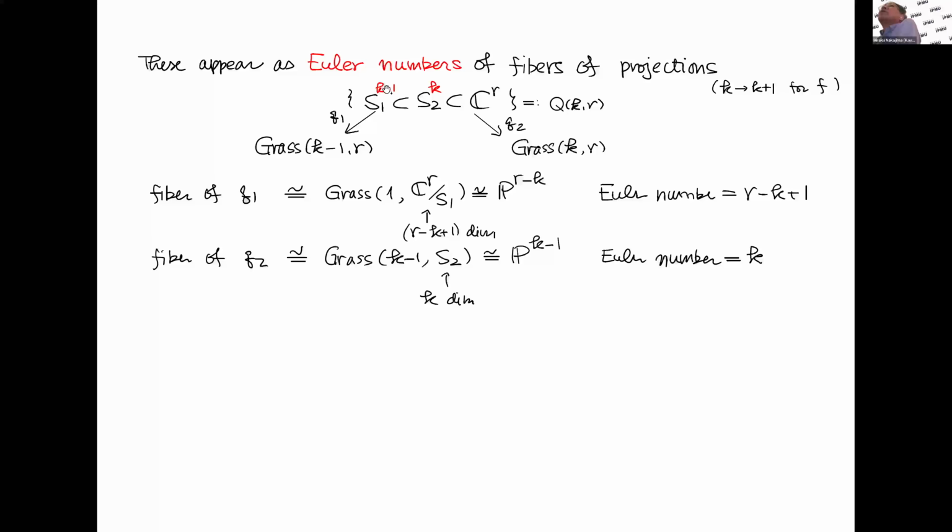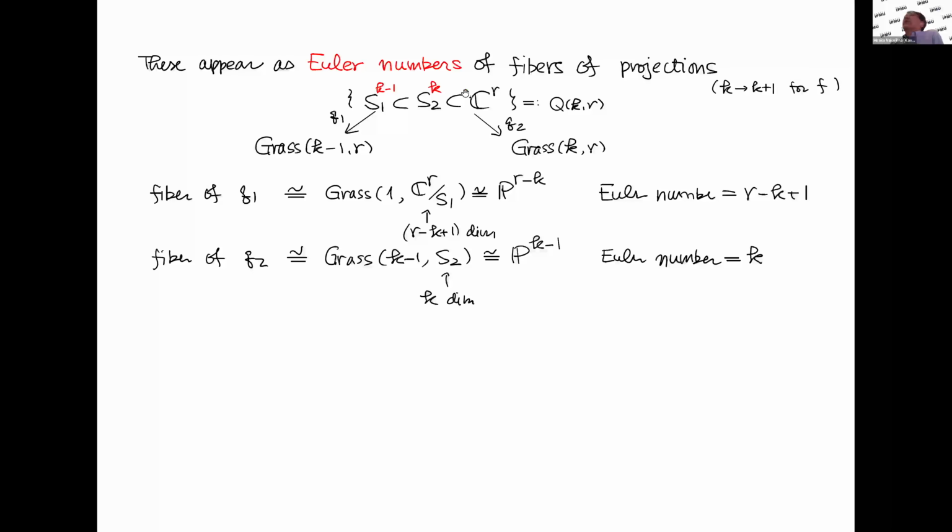Because S1 is a k minus 1 dimensional space and S2 is k dimensional, the quotient S2 divided by S1 is a one-dimensional subspace in C^R divided by S1. So this is a Grassmannian manifold of one-dimensional subspaces in the quotient space. And this C^R divided by S1 is an R minus K plus 1 dimensional space. And this is a complex projective space, whose Euler number is well known. If the dimension is R minus K, the Euler number is one larger. So this is R minus K plus 1.